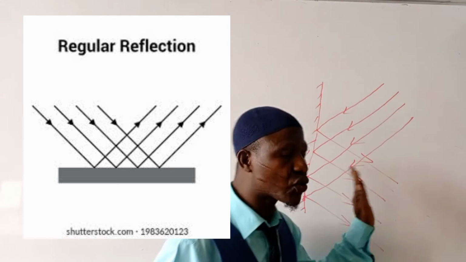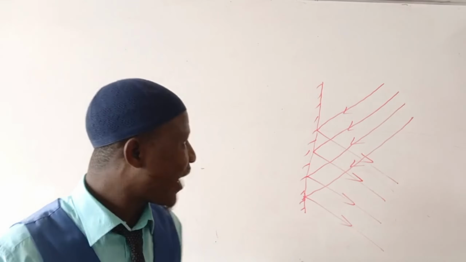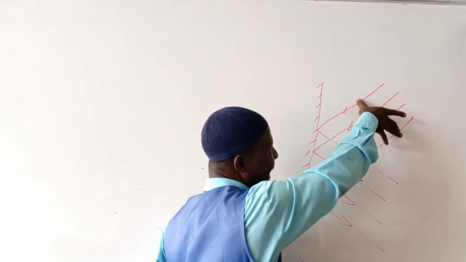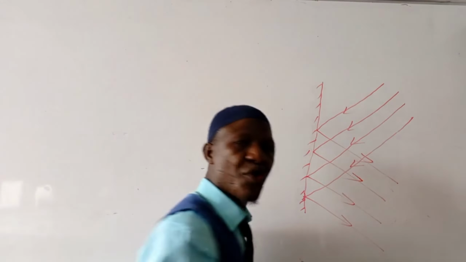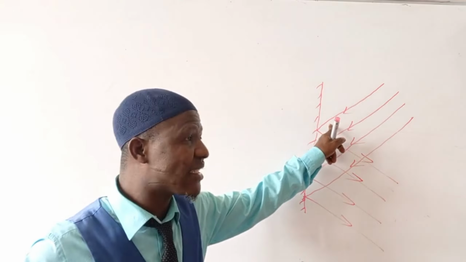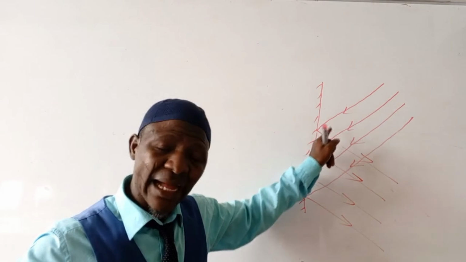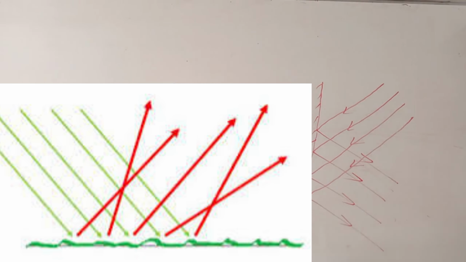But if the surface is rough like paper, despite the fact that you have the parallel incident ray, the reflected ray will not be parallel to each other because their angles of incidence are different. Automatically they are going to have different angles of reflection.